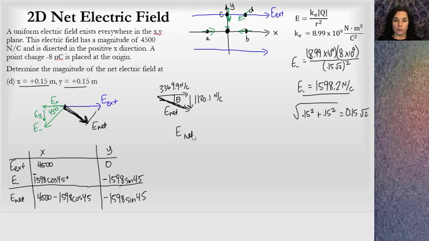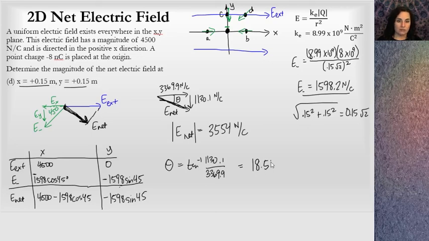E net, when you use the Pythagorean theorem in here, so I'll put an absolute value around it, it's 3,554 newtons per coulomb. And I can also find that angle. The angle will be the inverse tan of 1130.1 divided by 3369.9, and when you run that through your calculator, you're going to get 18.5 degrees below the horizontal.